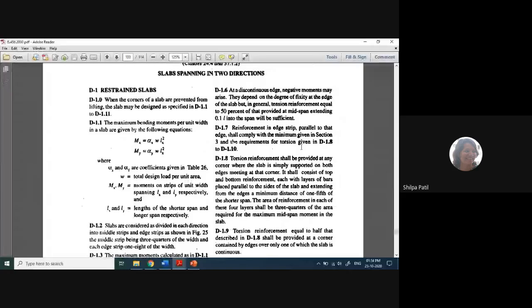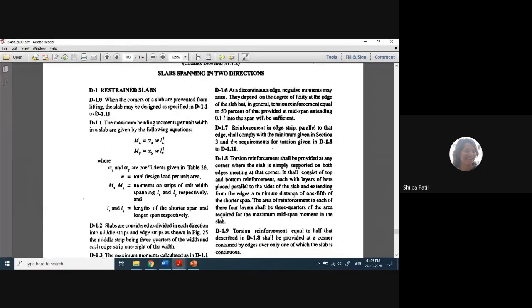Now, as I have told, in case of the slabs in which the corners are not free to lift up, we need to design it for torsion, and the torsion reinforcement is always provided at the corners, because we are not allowing the corners to lift freely. We are restraining the corners, and hence the torsion will be developed at each corner of the slab, and hence the torsion reinforcement is provided at each corner in the slab.